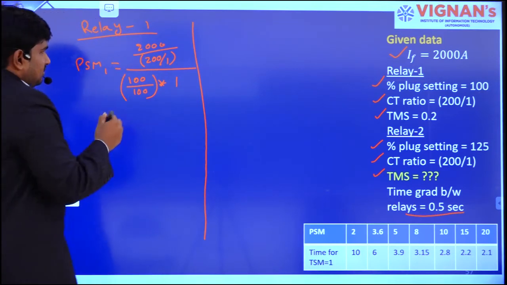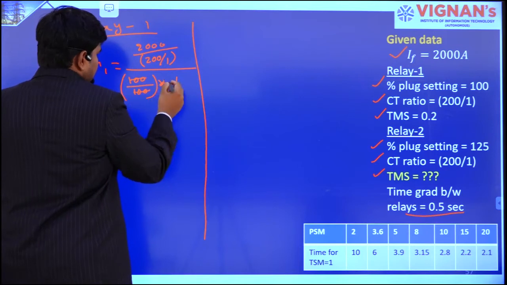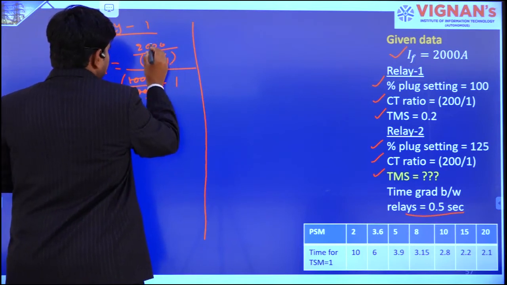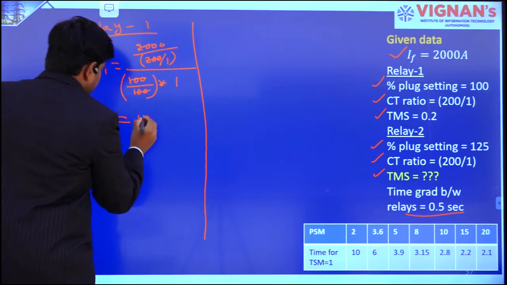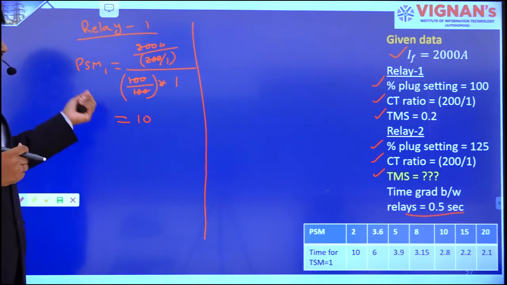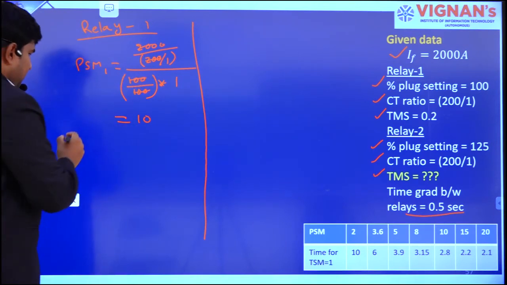Now what will be the value? This cancels and it becomes 10. The plug setting multiplier of relay 1 is 10.